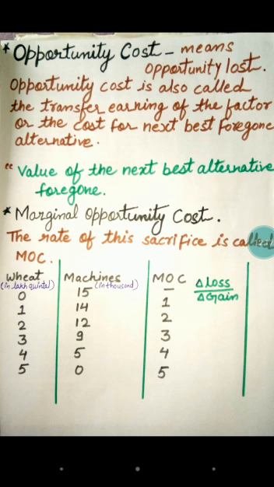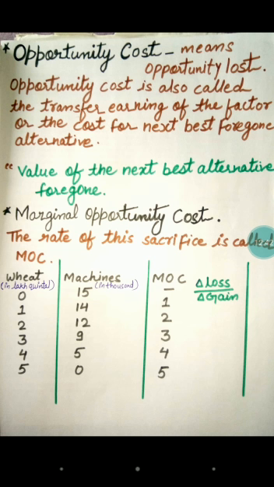With the help of this example, we can understand better. Here we have wheat in lakh quintal, machinery in thousand, and the last column is for MOC. We have taken this example in the production possibility curve also.